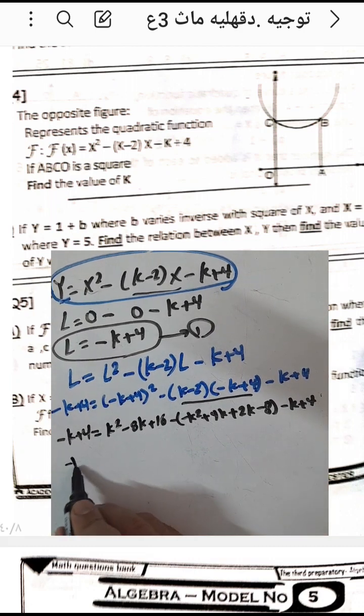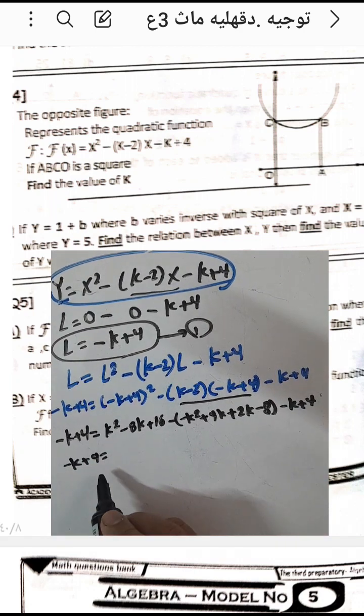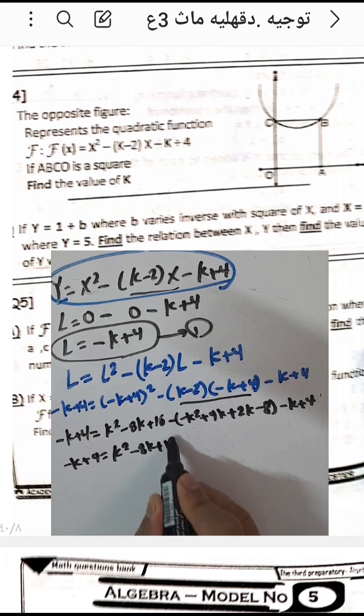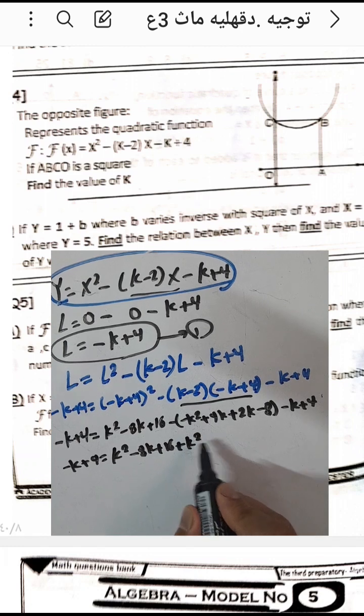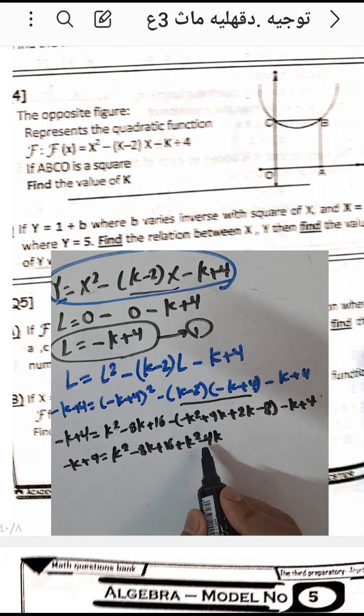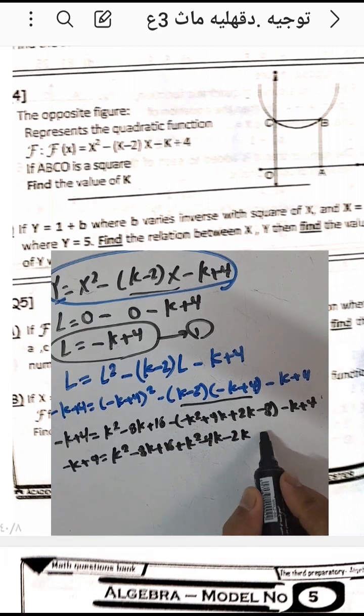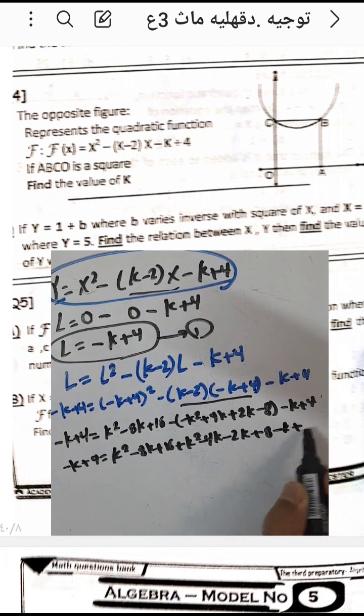You can write negative k plus 4 equal k power 2, subtract 8k plus 16, positive k power 2, subtract 4k, negative times positive negative, negative 2k, positive 8, negative k plus 4.